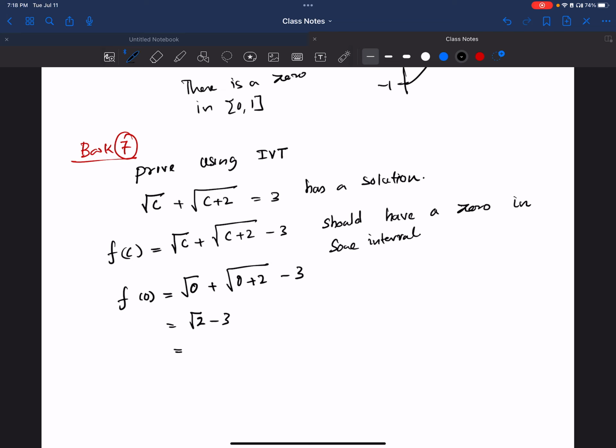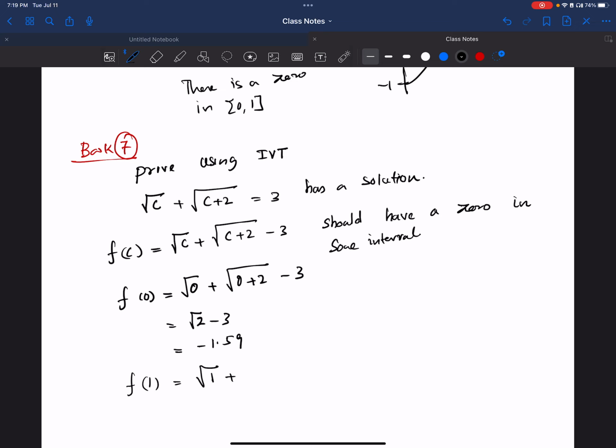If you use the calculator, square root of 2 minus 3 is negative 1.59. And f of 1, let's put 1.